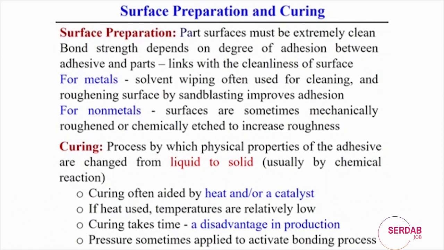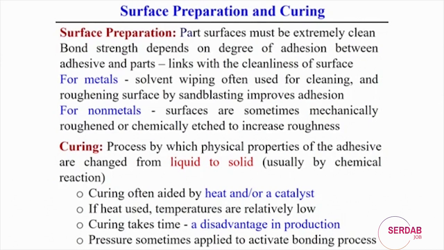Part surfaces must be extremely clean, because the bond strength depends on the degree of adhesion between the surface and the adhesive, and that is very much linked to the cleanliness of the surface. So, an extremely clean surface is required in this case.